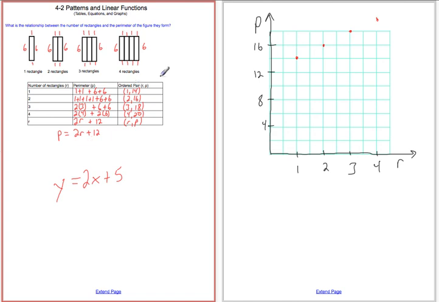So this function here, P equals 2R plus 12, this equation is a function, and it pairs one input R value with an output P value, 1 and 14, 2 and 16, and so on. You'll notice also when we look at the graph here that this is a line, so we would call this a linear function. We would call this equation here a linear function.